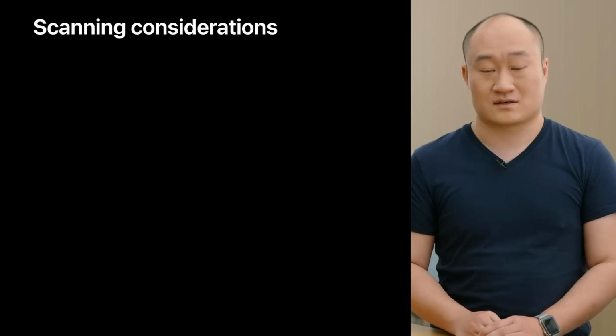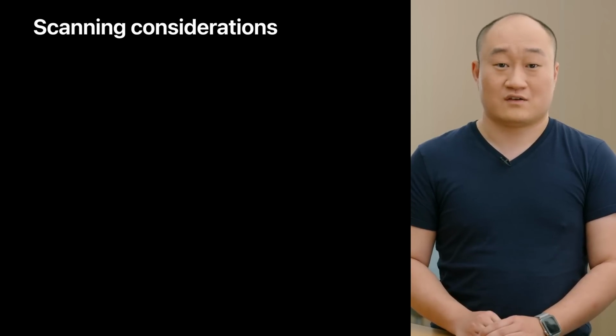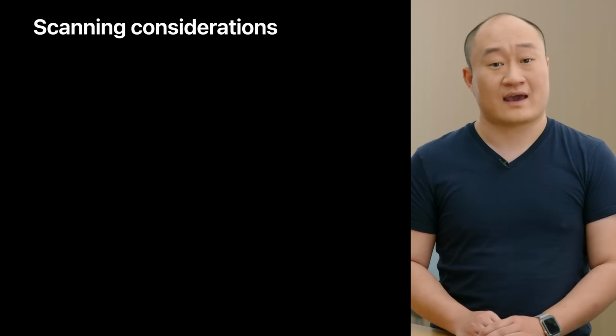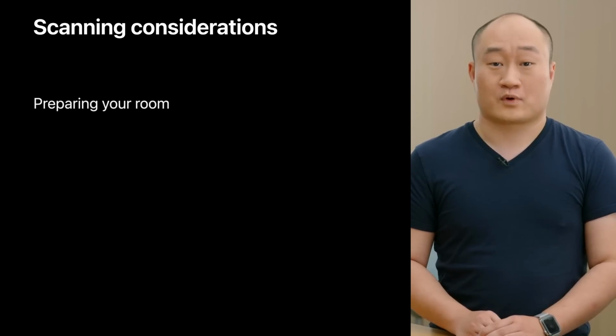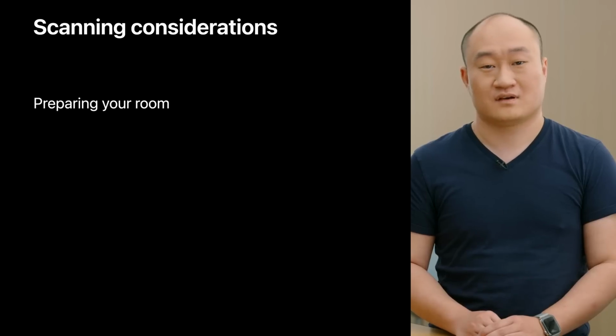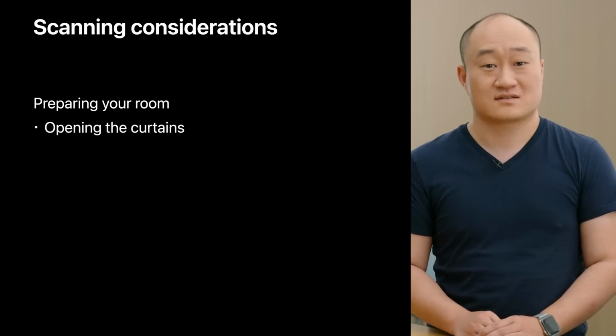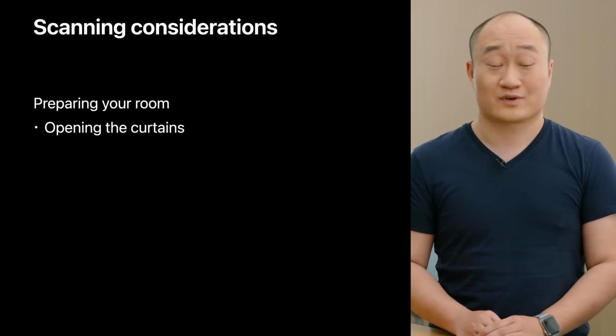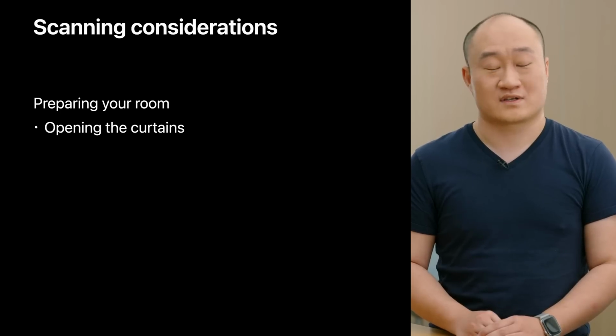There are some considerations to get better scanning results. First, for applications that have high accuracy requirements, preparing the room before scanning can enhance the quality of the scan. For example, opening the curtains can let more natural light in and reduce window occlusions, which works best for daytime scans.